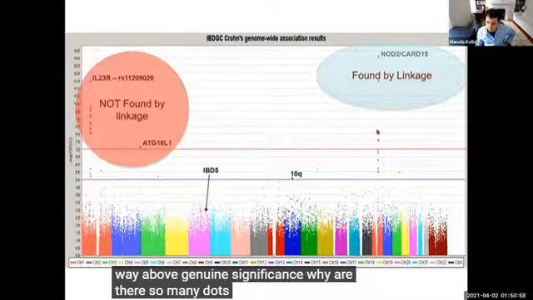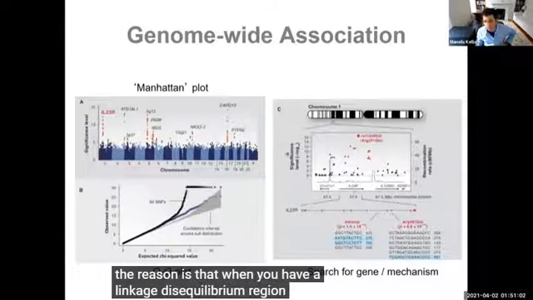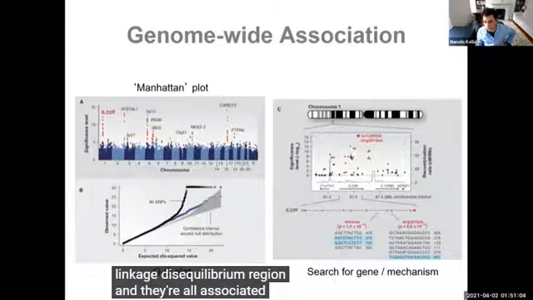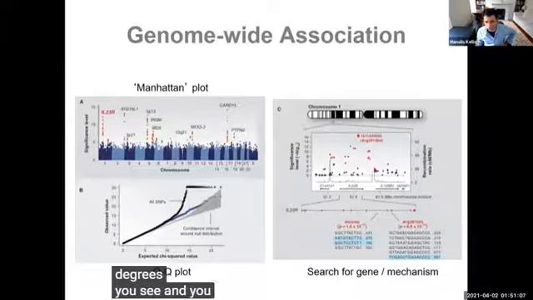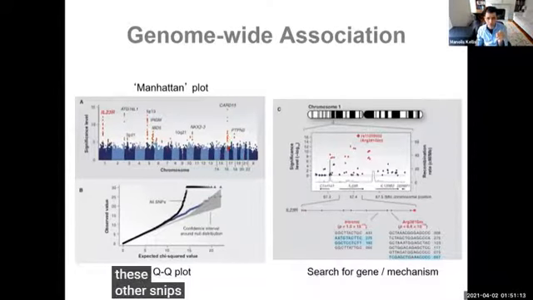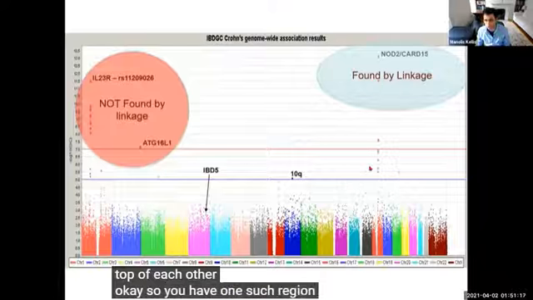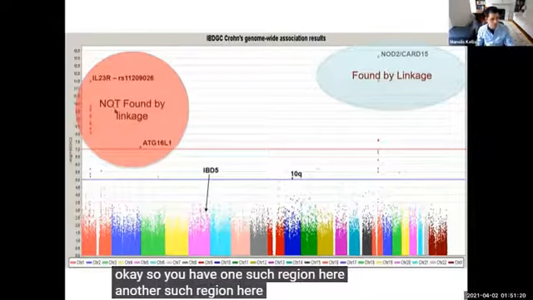Why are there so many dots? The reason is that when you have a linkage disequilibrium region and they're all associated to various degrees, you squish it, when you're showing the whole genome, you basically see that all of these other SNPs are lining up on top of each other. Okay, so you have one such region here, another such region here.